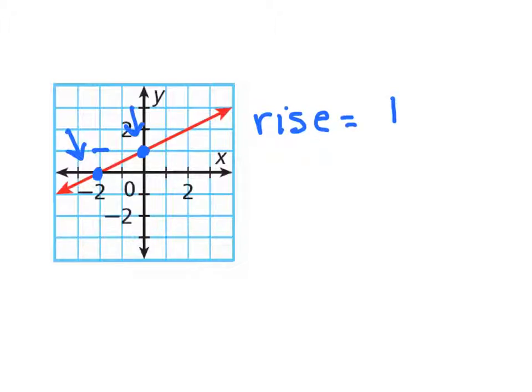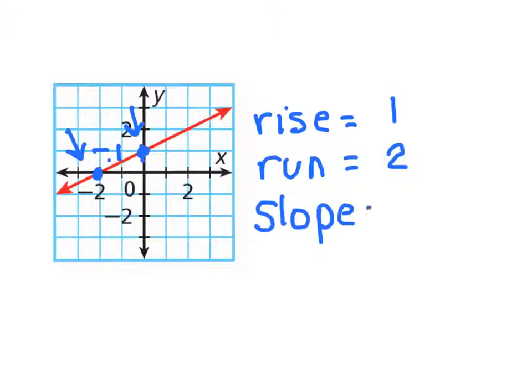And then the run would be 1, 2 in the positive x direction. So the run is 2. Therefore, the slope of this line is equal to 1 over 2 or 1/2. So how'd you do? Did you get that?